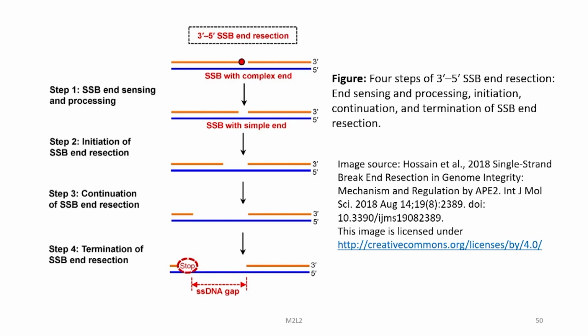In the third step, continuation of the SSB end resection happens, and there is finally a termination of the end resection at one particular point, and as a result of this an SSB DNA gap is created.